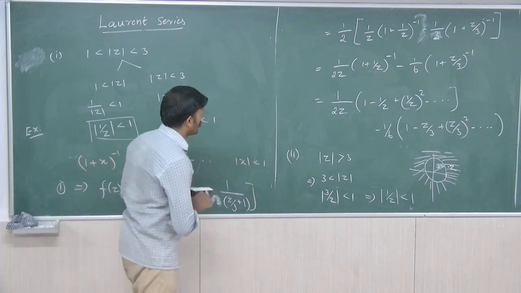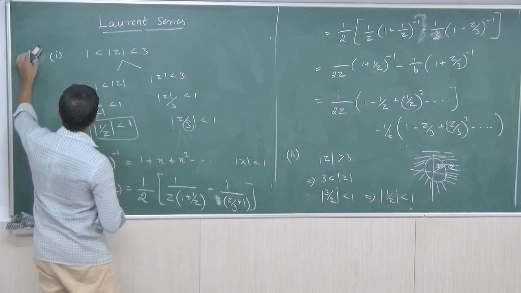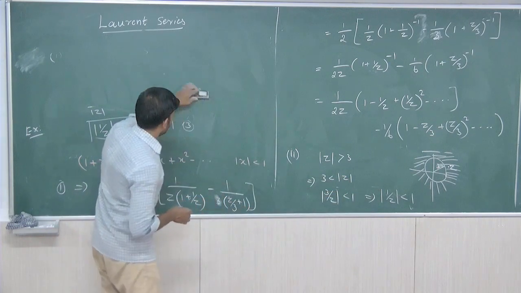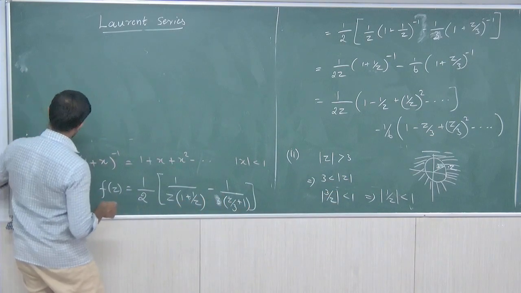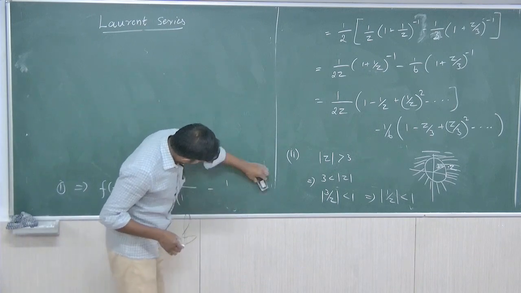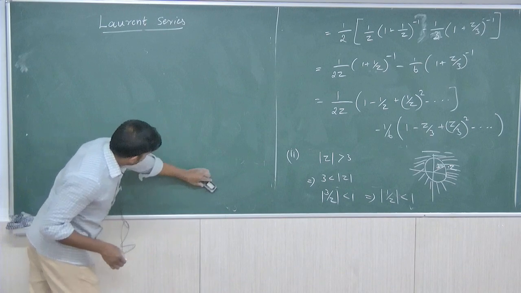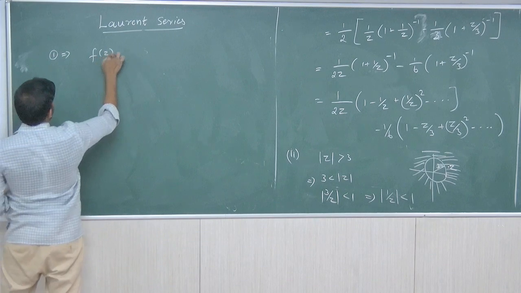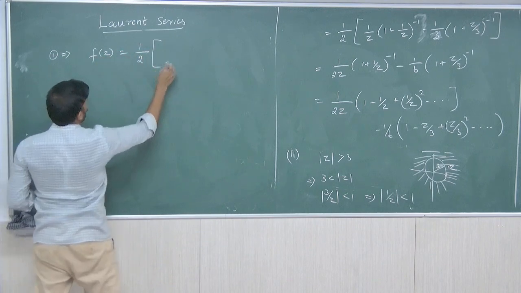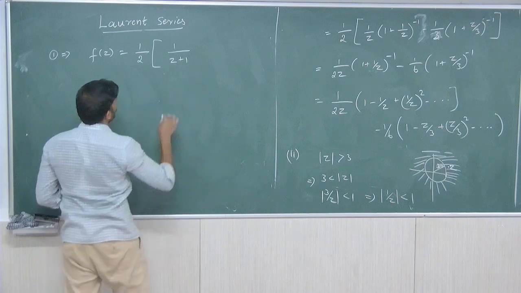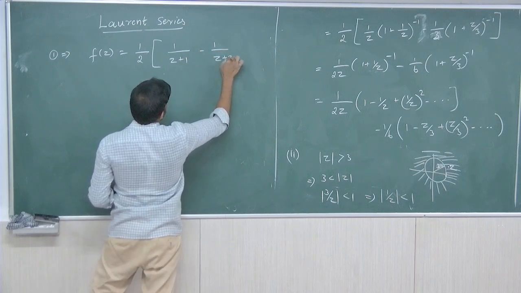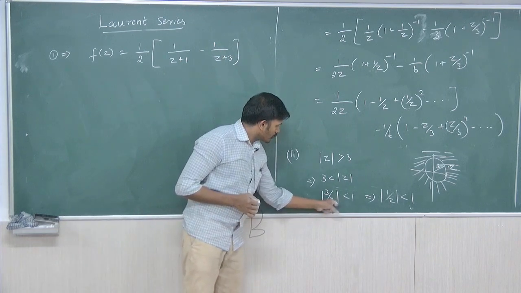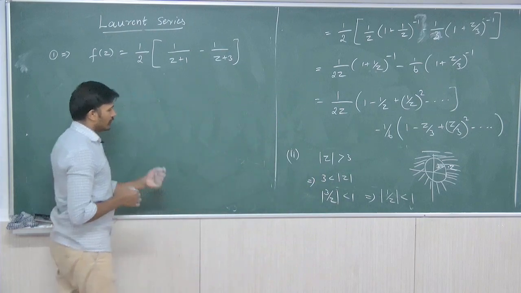So now I am going to apply these two inequalities in equation 1, f of z equal to 1 by 2 times 1 by z plus 1 minus 1 by z plus 3. I want z to come in the denominator.